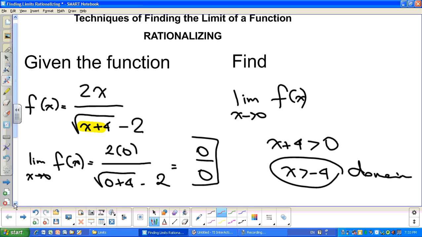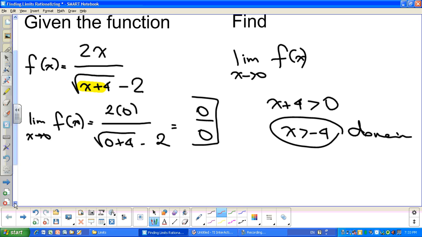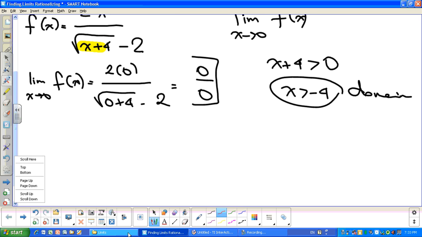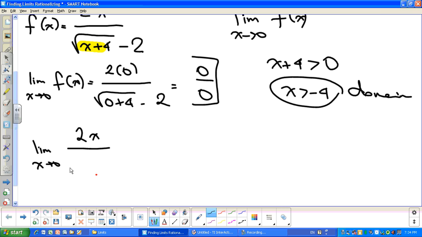Guess what I'm going to do? Limit as x approaches 0 of 2x over square root of x plus 4 minus 2.